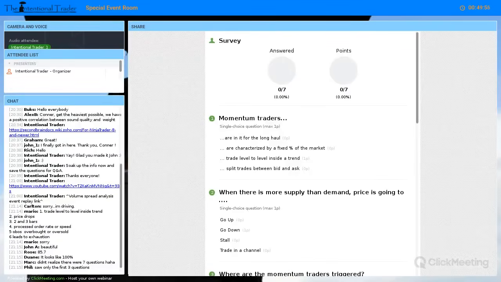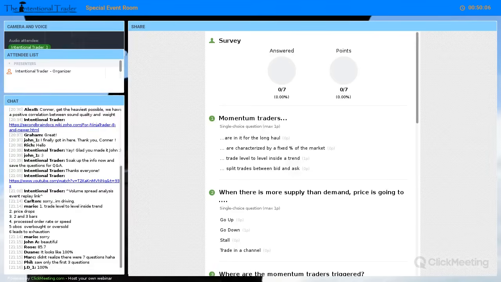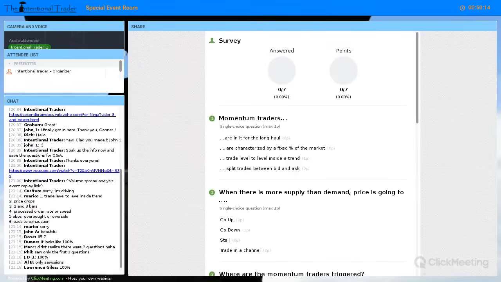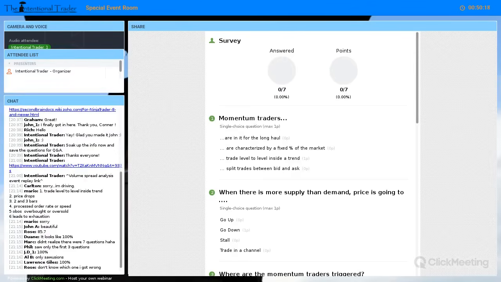It looks like several people bailed out of the last 3 questions. You had to scroll down to see the rest. Fail. Well, see, that was part of the test. Got to scroll. Nice.